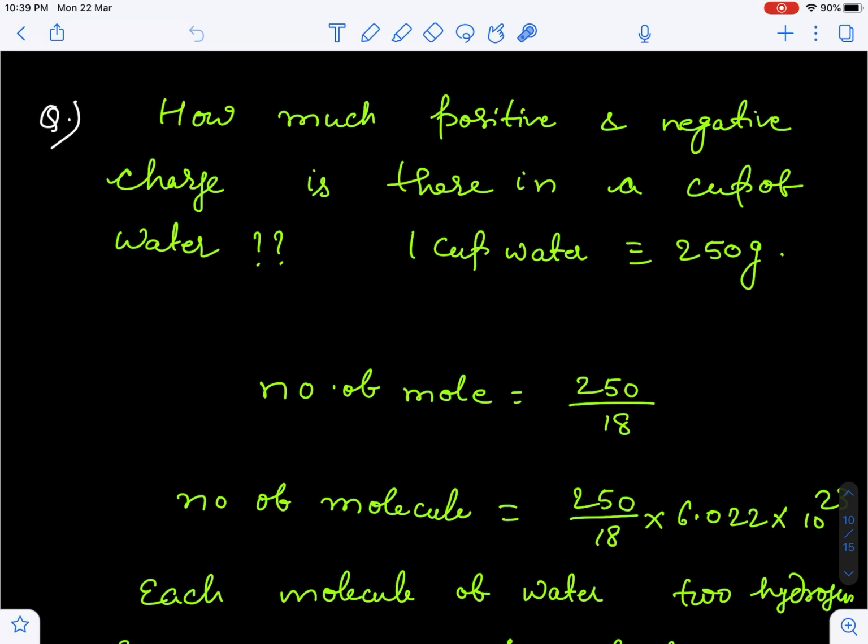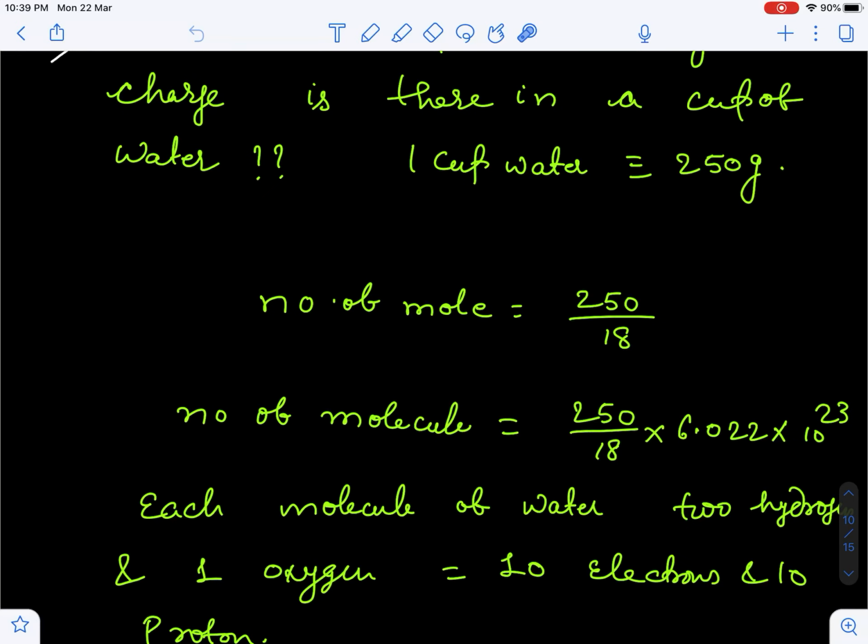Number of molecules: you know that in a mole there are 6.022 into 10 to power 23 molecules. So we have to multiply the number of moles by Avogadro number.